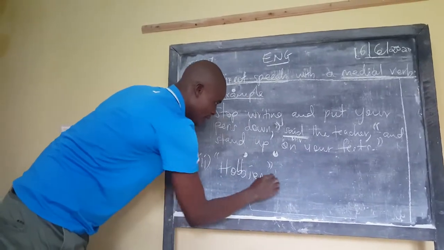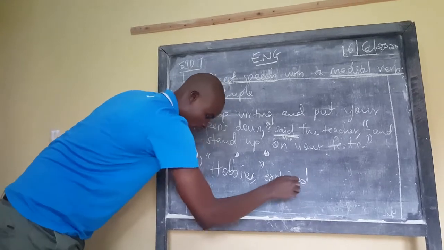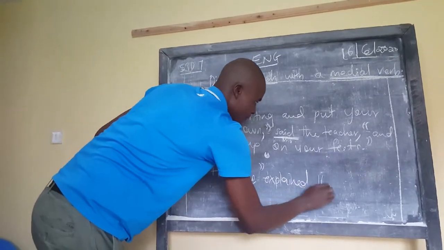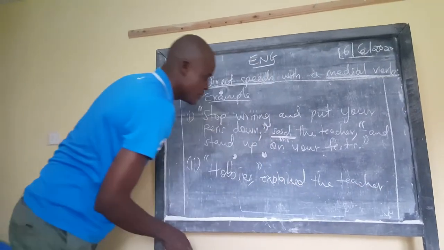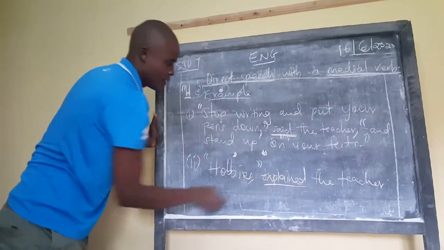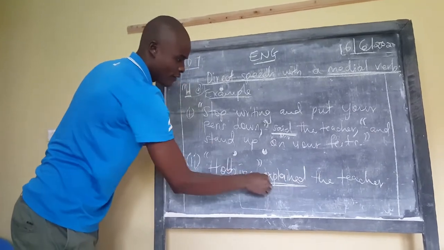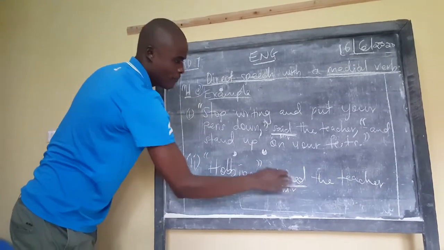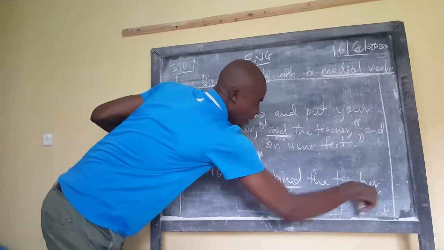"Hobbies," explained the teacher. "Hobbies," explained. So this is the medial verb there. We have the first one ended here. Then we have a medial verb there, explained the teacher. And then you can see the end of it.